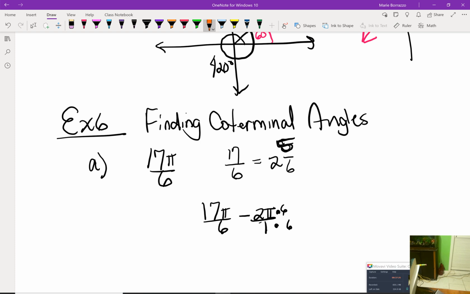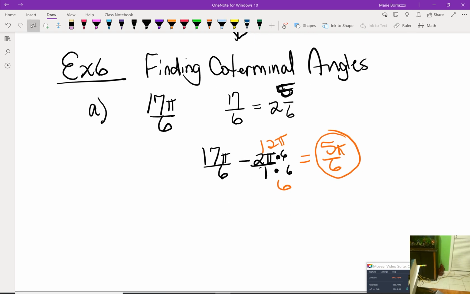So now I have 12 pi over 6, and this is equal to 5 over 6 pi, or 5 pi over 6. And so the result is that 5 pi over 6 is coterminal with 17 pi over 6.